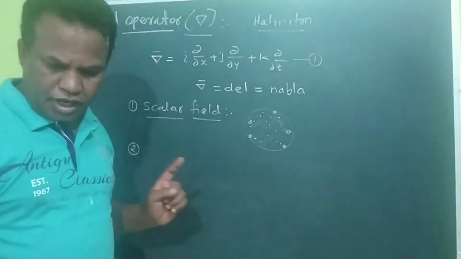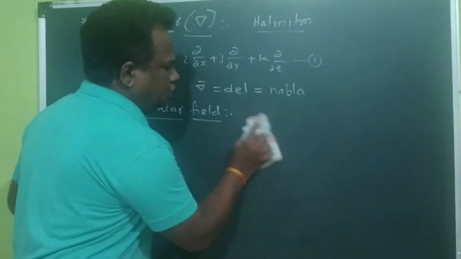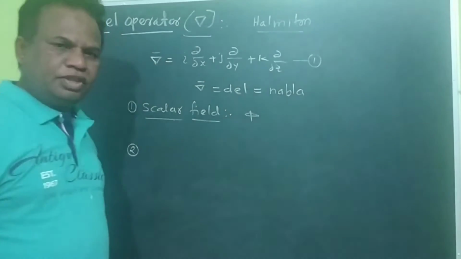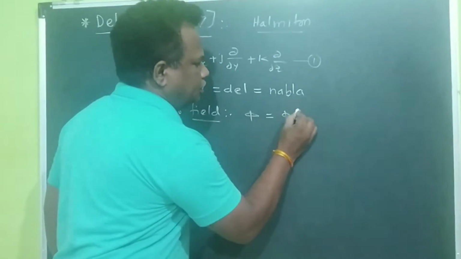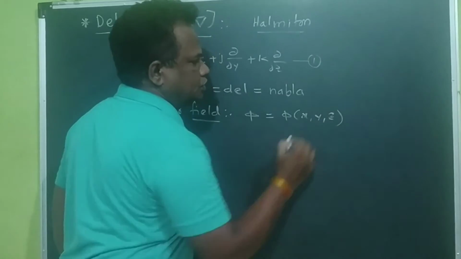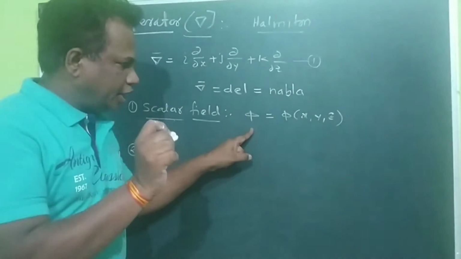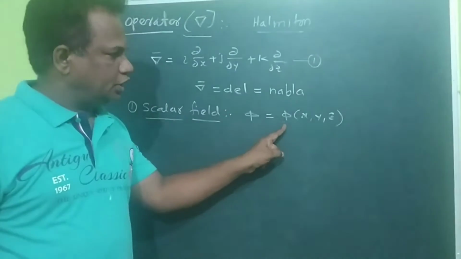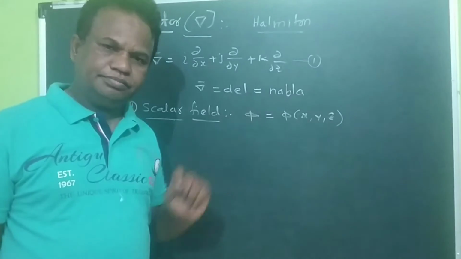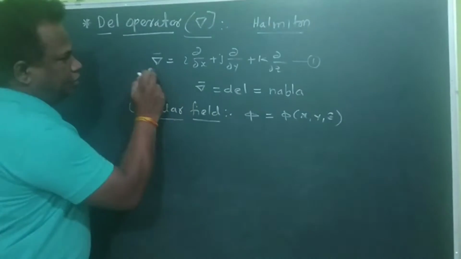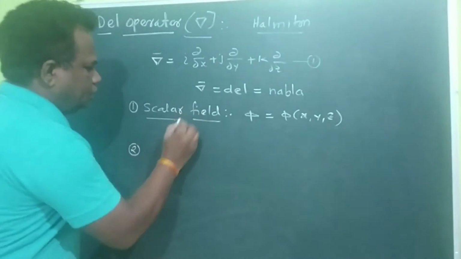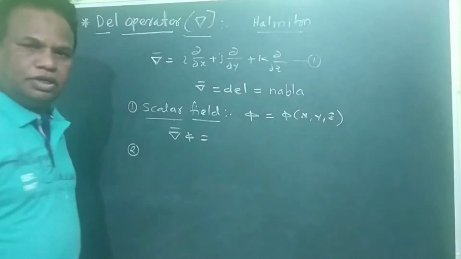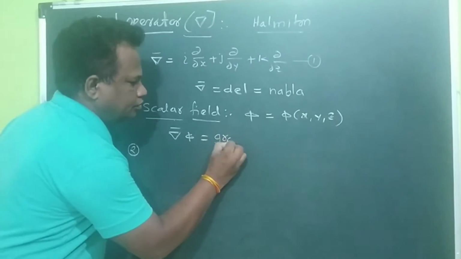Now suppose the field is a scalar quantity denoted by phi. Phi is equal to phi of x, y, z. So phi is the scalar field, denoted like a point, phi of x, y, z. Then when you operate the del operator on this, it is written as del phi, and it is called grad phi.